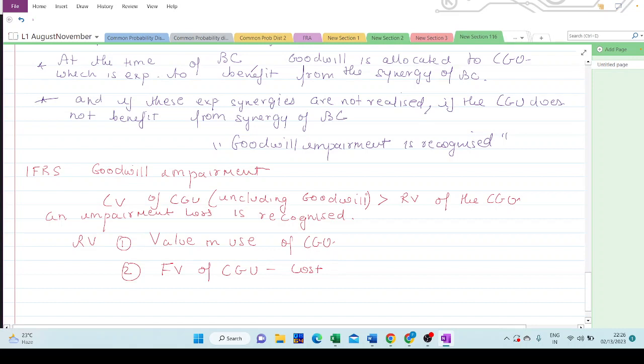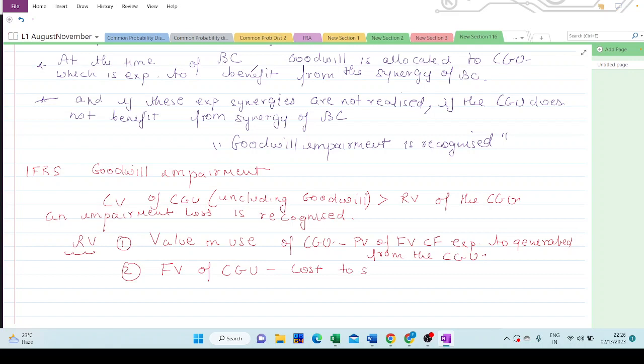Now, what is the value in use of CGU? It's basically the present value of future cash flows expected to be generated from the CGU. Please write this down. So, recoverable value is the higher of value in use or fair value of CGU minus cost to sell the CGU.